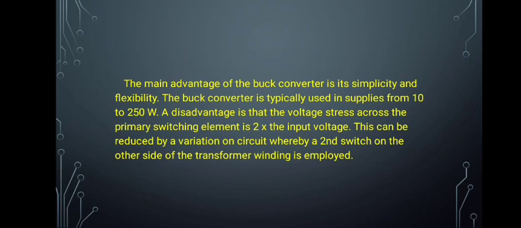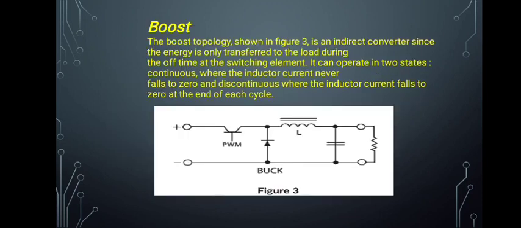The buck converter is typically used in supplies from 10 to 250 watts. A disadvantage is that the voltage stress across the primary switching element is 2 times the input voltage. This can be reduced by a variation on the circuit whereby a second switch on the other side of the transformer winding is employed. The next one is boost.